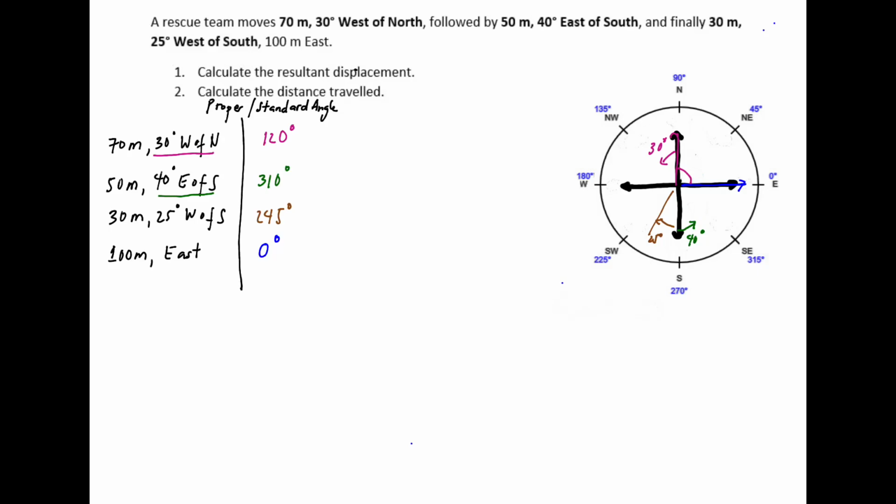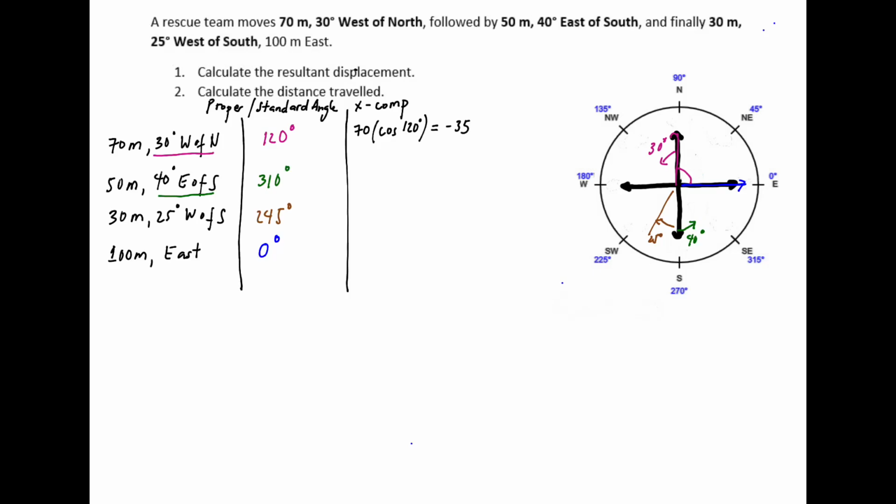So first we're going to write here the x component, and we all know that the formula for the x component is cosine. So we have 70 multiplied by cosine of 120 degrees, and if you press that in your calculator, that will be equal to negative 35.